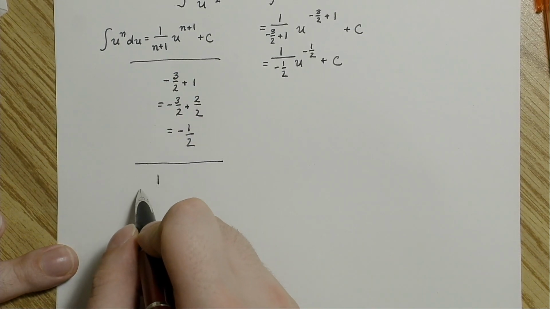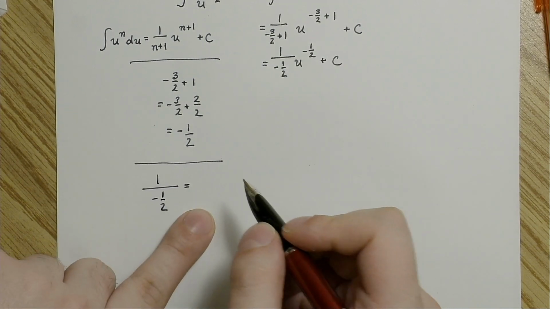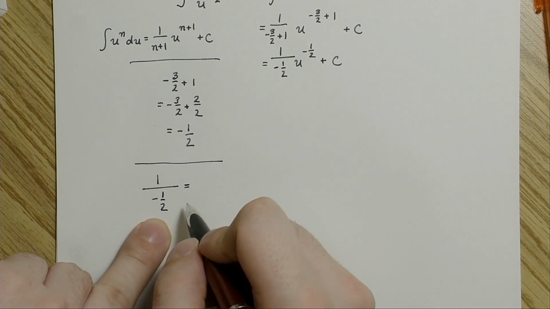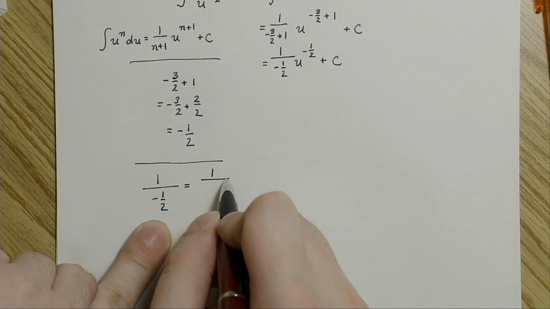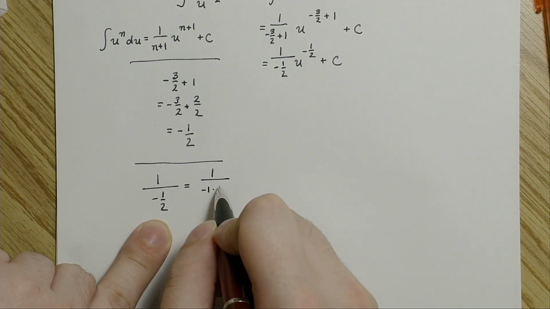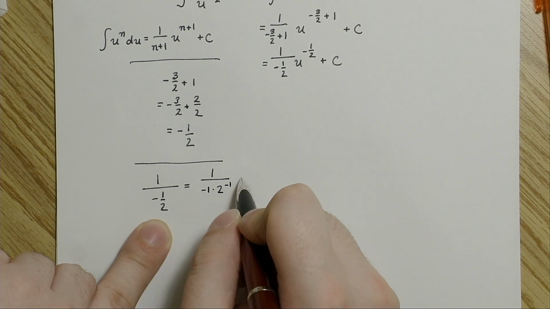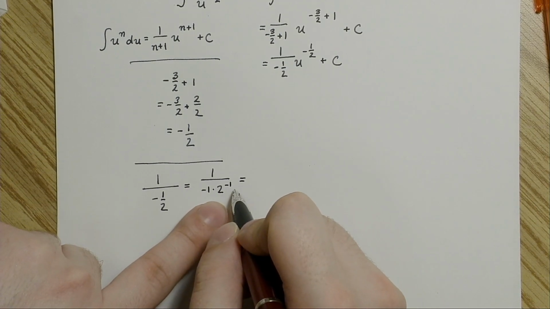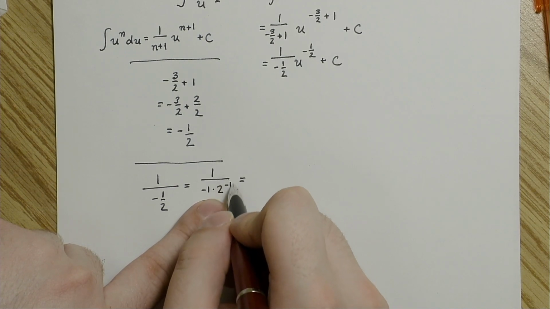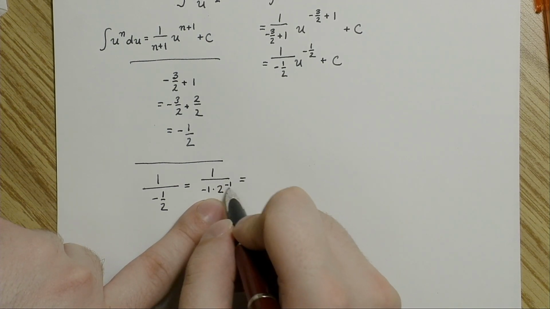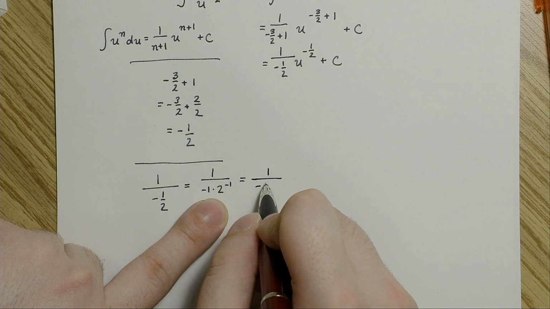Now, I have 1 over minus 1 half. I usually just flip it up so that it becomes minus 2. The other way to look at that is that you could rewrite that as minus 1 times 2 to the minus 1. And when you have a negative exponent, by moving it up we can eliminate that, so that I have the minus 1 still down here.